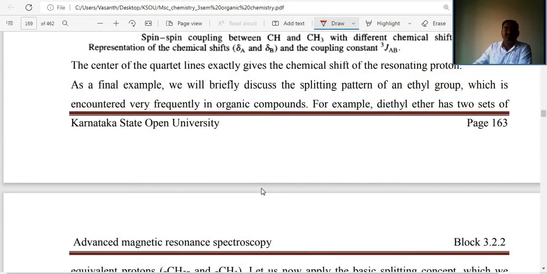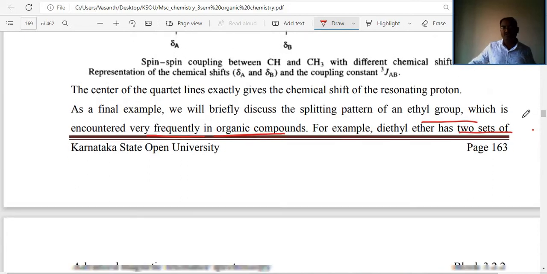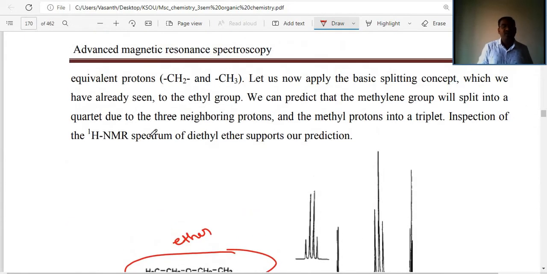What happens in the ethyl group, which is encountered very frequently in organic compounds? For example, diethyl ether has two sets of equivalent protons, CH2 and CH3. Let us now apply the basic splitting rule, which we have already seen, to the ethyl group.